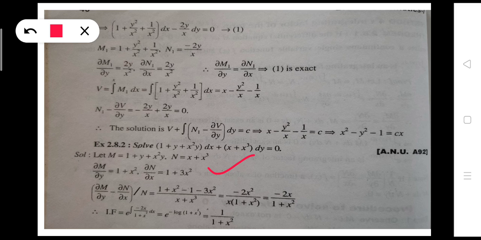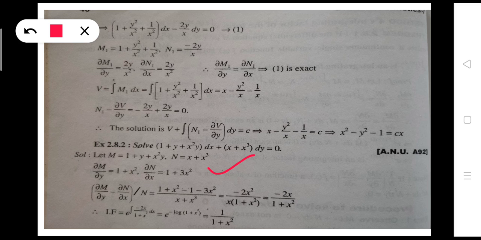Now substitute the values in this expression, that is (1 plus x square minus 1 minus 3x square) by (x plus x cube). Now simplifying, x square minus 3x square means minus 2x square, and minus 1 plus 1 gets cancelled.